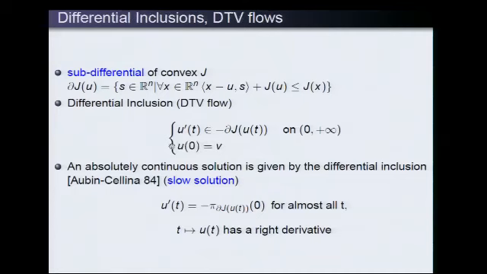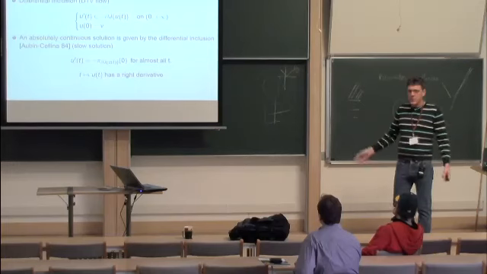So since it's not differentiable, then you need to generalize the differential. So you call that a subdifferential. So you give me a convex function, and this is this set. So essentially, what you're doing is, if your function is differentiable at a point x, then the set will reduce to the gradient.